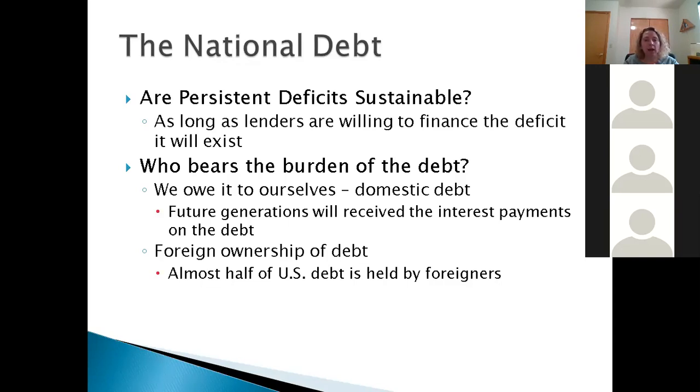A reason why other countries and investors invest in US debt is that, up to this point, the US government has always been able to pay back its debt, except it borrows new money to pay off old money.